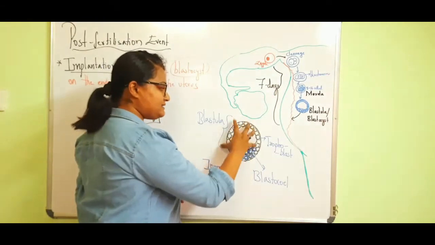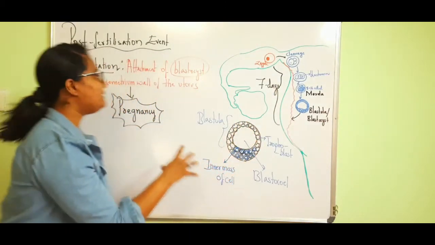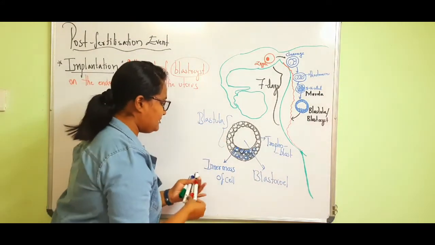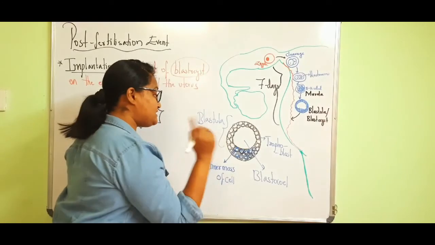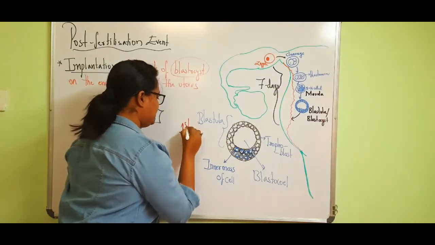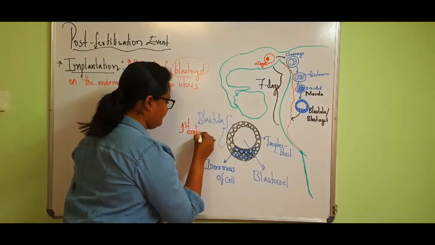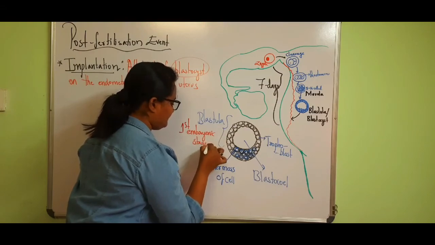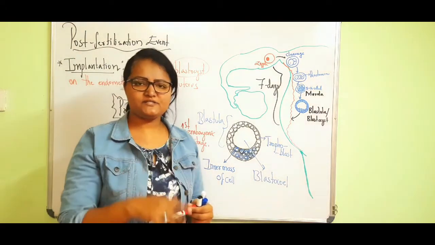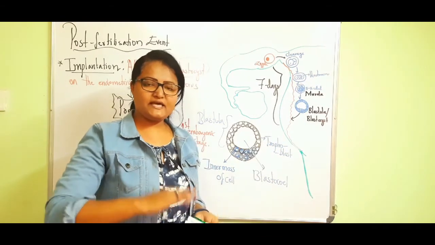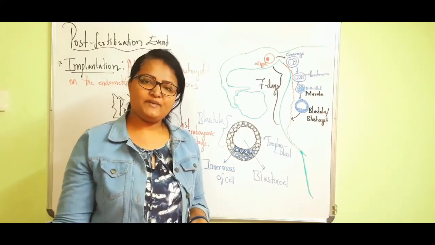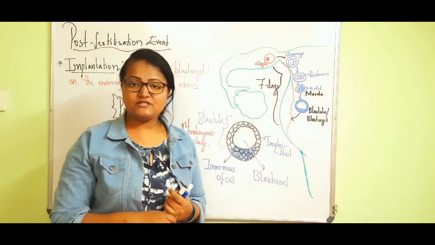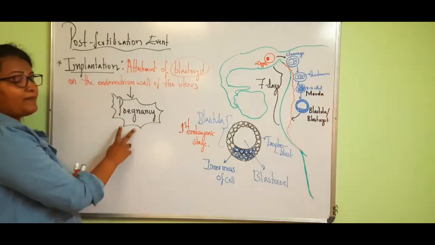At this stage only there will be implantation. This blastula is called the first embryonic stage. From this only there will be fetus development. Understood? This we call implantation, which leads to pregnancy.